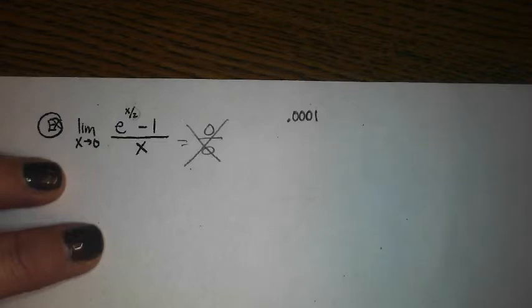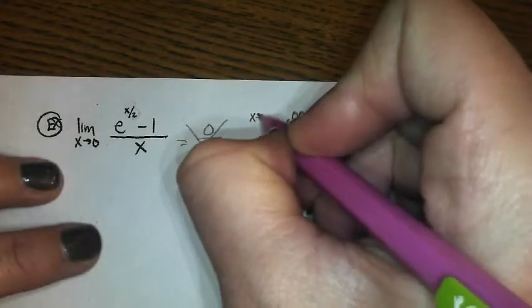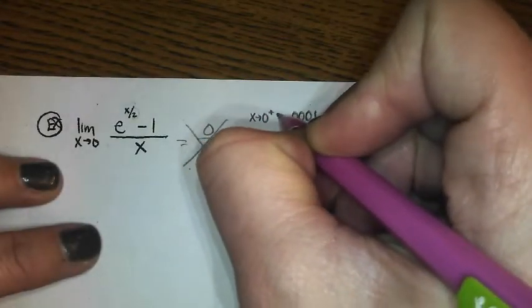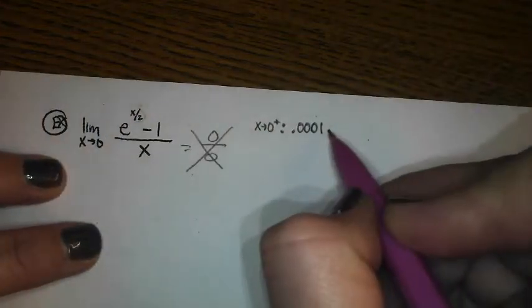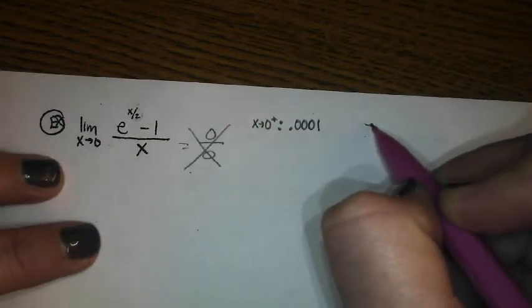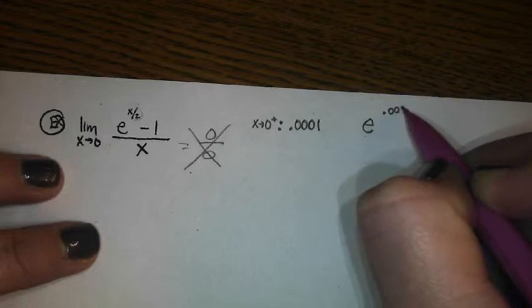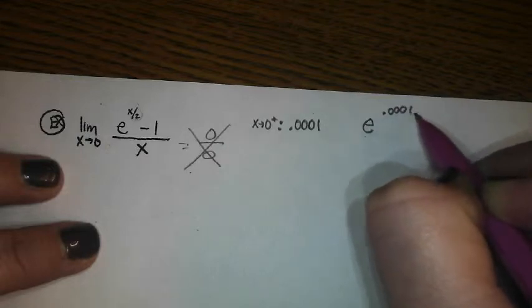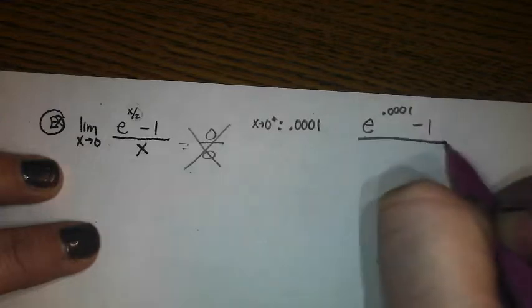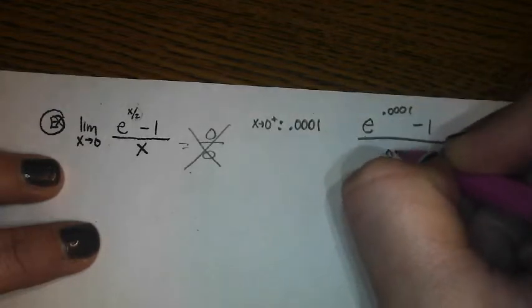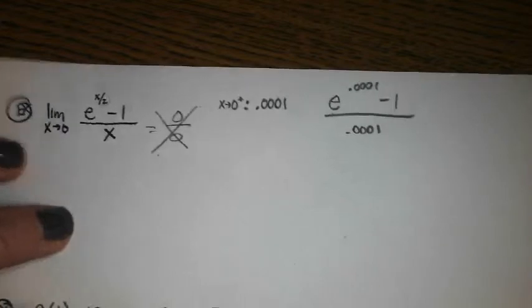If I plug in something like 0.0001, I'm approaching 0 from the right. That's going to be e to the 0.0001 over 2, minus 1, over 0.0001.